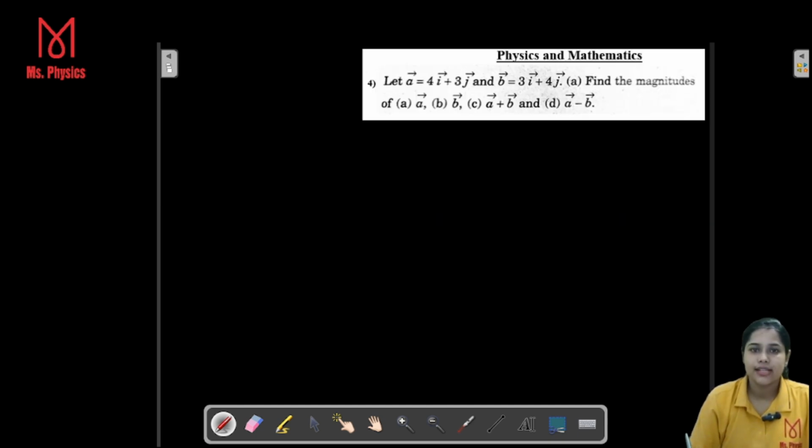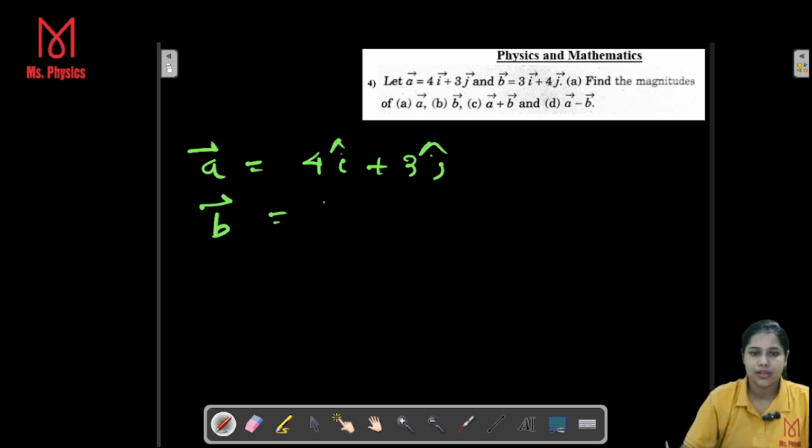So students, here is your fourth numerical. This is very easy, but still I am doing it. Here you see that two vectors are given, A and B. So I am just writing the values. A is equal to 4i cap plus 3j cap. Next, B is equal to 3i cap plus 4j cap. So you have to find the magnitude of A first.